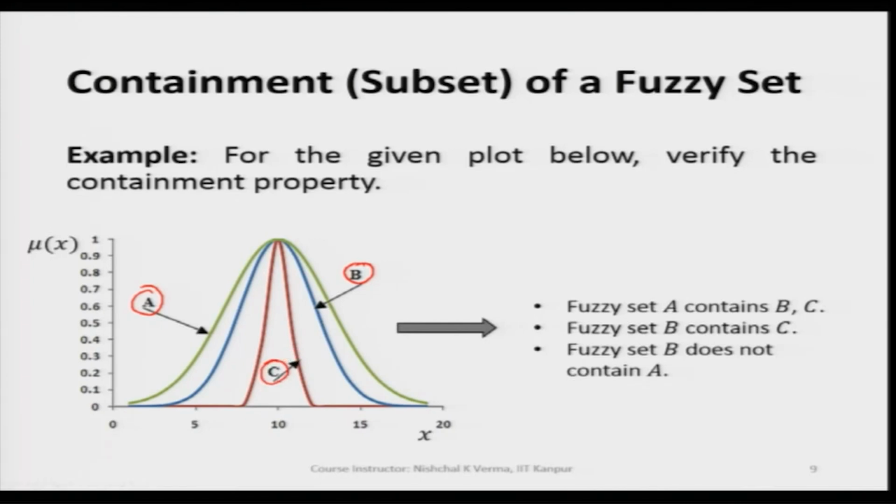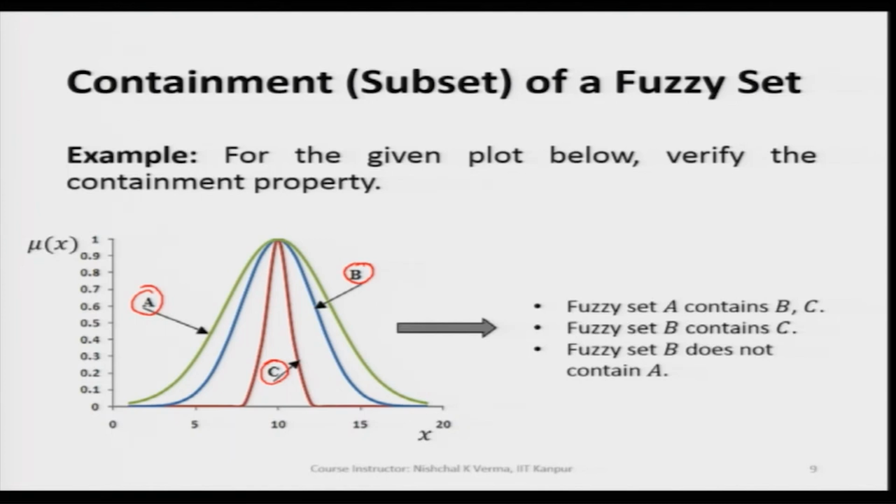By just looking at it, we can clearly say that all the membership values corresponding to the generic variables in C are less than the membership values corresponding to the generic variable values of B and A.